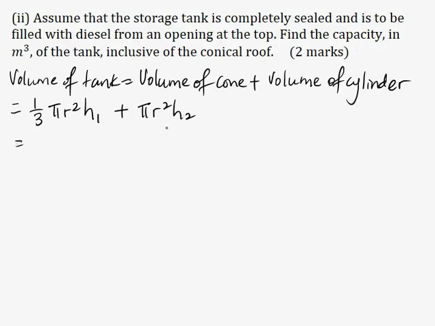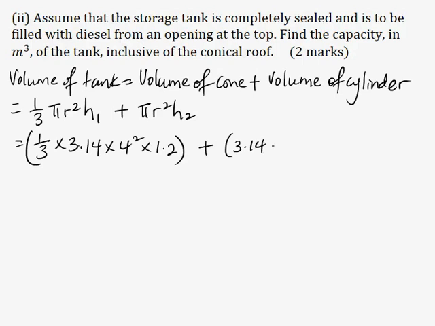So substituting all the relevant values, this becomes 1/3 multiplied by 3.14 multiplied by 4 squared multiplied by 1.2, plus 3.14 multiplied by 4 squared multiplied by 3.5.